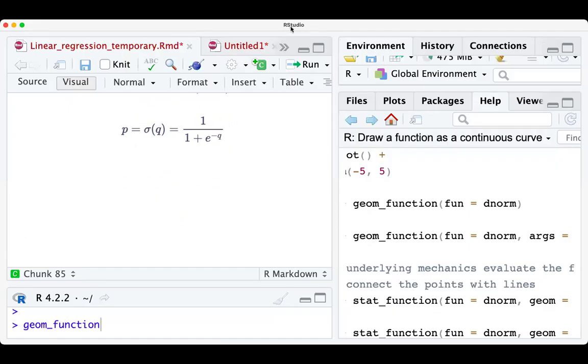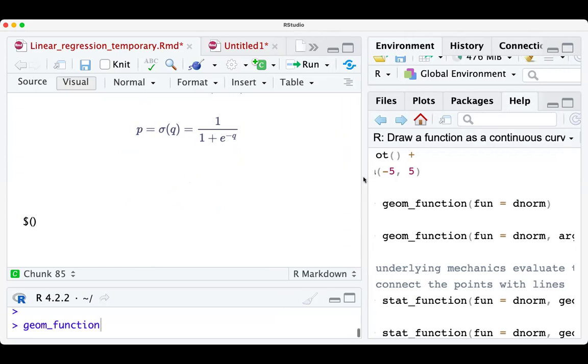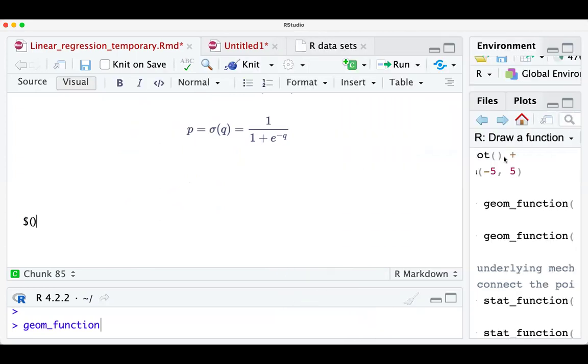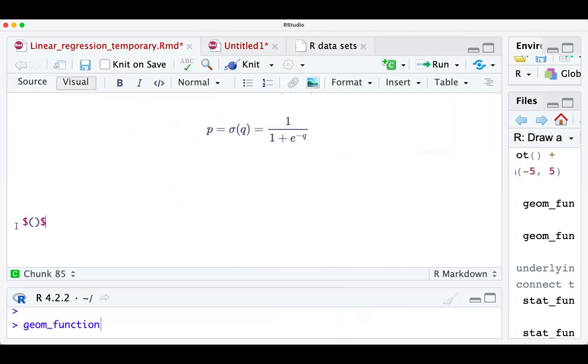Okay, we were saying that we have some observations of variables x and y.